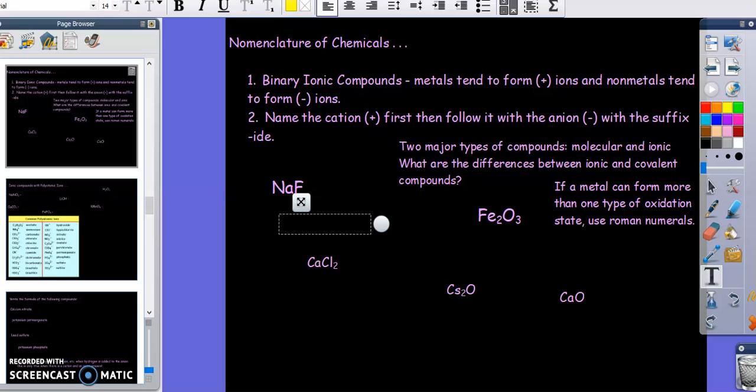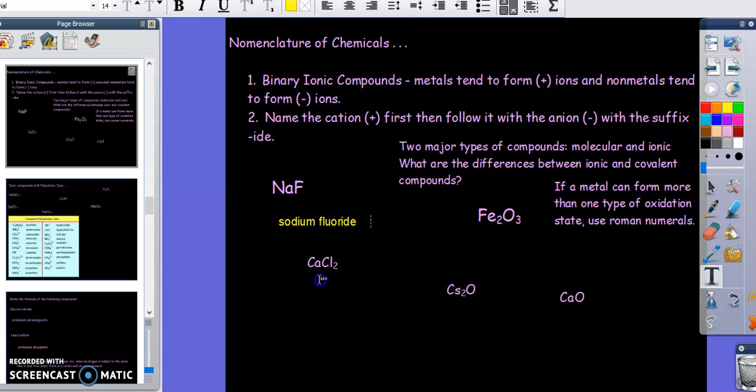You name the cation first, then follow it with the anion, and it shows its suffix -ide. So for NaF, the name of the first element is sodium, and the name of the next element is fluorine, but we're going to change that to fluoride. So the -ide shows it's been married.